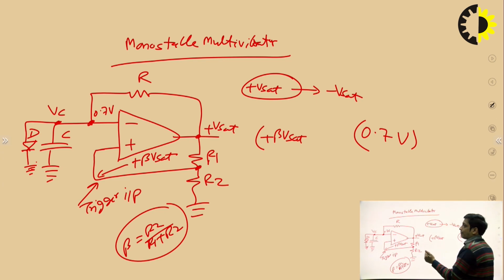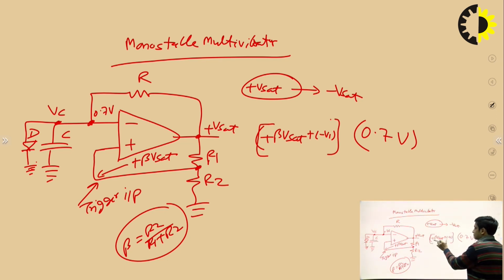Let's say the magnitude of the trigger pulse is V1. In this case, we need to apply a negative trigger pulse, and let's say that magnitude is minus V1. So plus beta Vsat minus V1 is the voltage at the non-inverting terminal, where V1 is the magnitude of the trigger pulse, and we are applying the negative trigger.